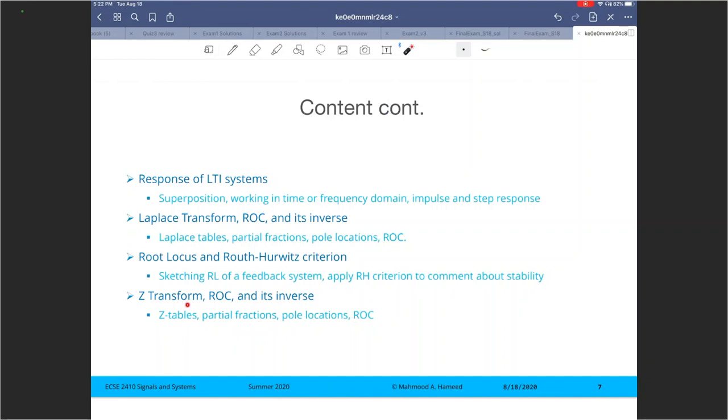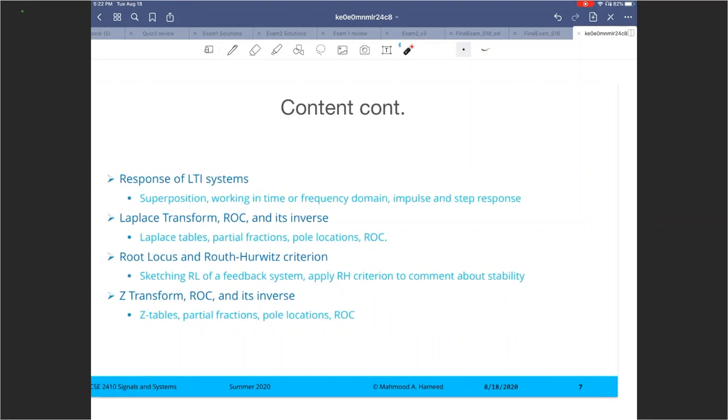So because Z transform was essentially our last topic, and we didn't have too much practice with that, we didn't have too much time to process this. The problem on Z transform is going to be pretty straightforward. So as long as you are able to look up the tables, do some partial fractions on that, you should be good. All right. So this is what I had planned.